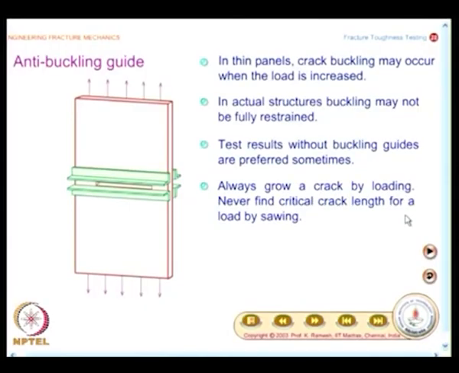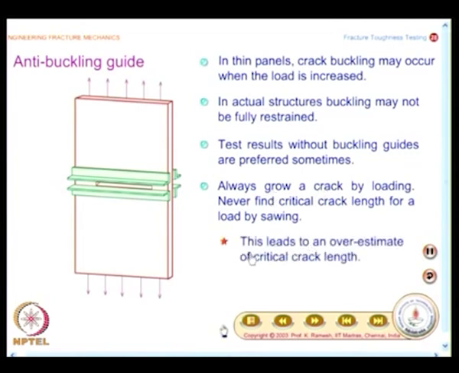So, what is recommended here is, do not increase the length of the crack by sawing and then find the critical crack length, which is not a desirable practice. You should always grow a crack only by loading. If you do it that way, the result would be all right.